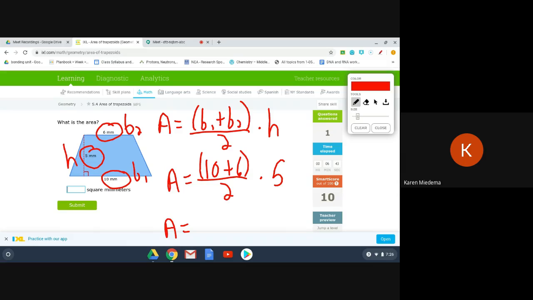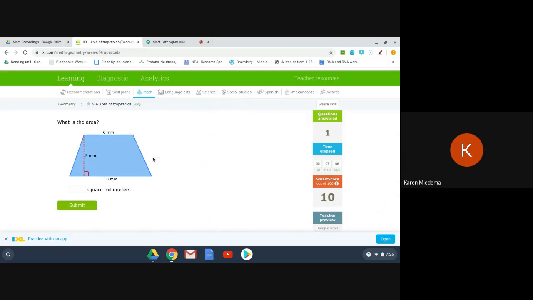Simplifying the numerator, 10 plus 6, I get 16 over 2 times 5. 16 divided by 2 is 8 times 5. And finally, 8 times 5 is 40. So I get 40 square millimeters.